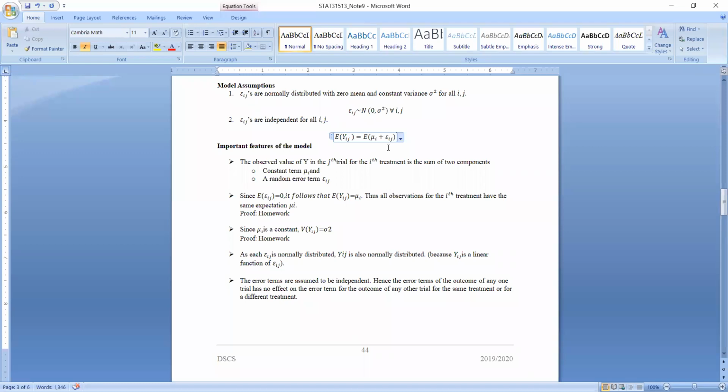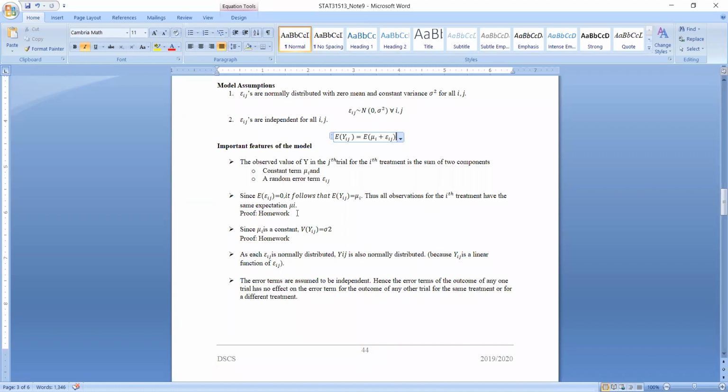We know the expected value of Eij has zero mean, so it is equal to 0. So the expected value of Yij will be equal to the expected value of mu i. Mu i is a constant, so we can write the expected value of Yij is equal to mu i. So all the observations under the ith treatment have the same expectation, that is equal to mu i. We can prove this. We'll talk about the proof later.